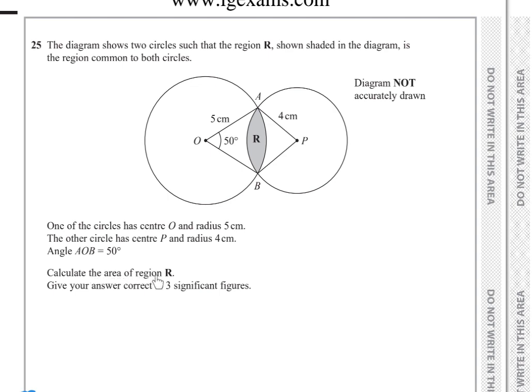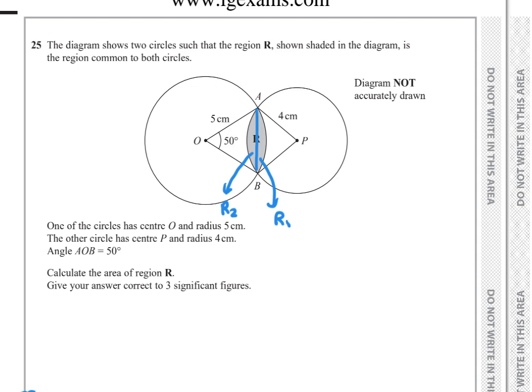Calculate the area of the region R. Give your answer correct to 3 significant figures. We can divide this region into 2 parts, so this region 1 and this region 2.